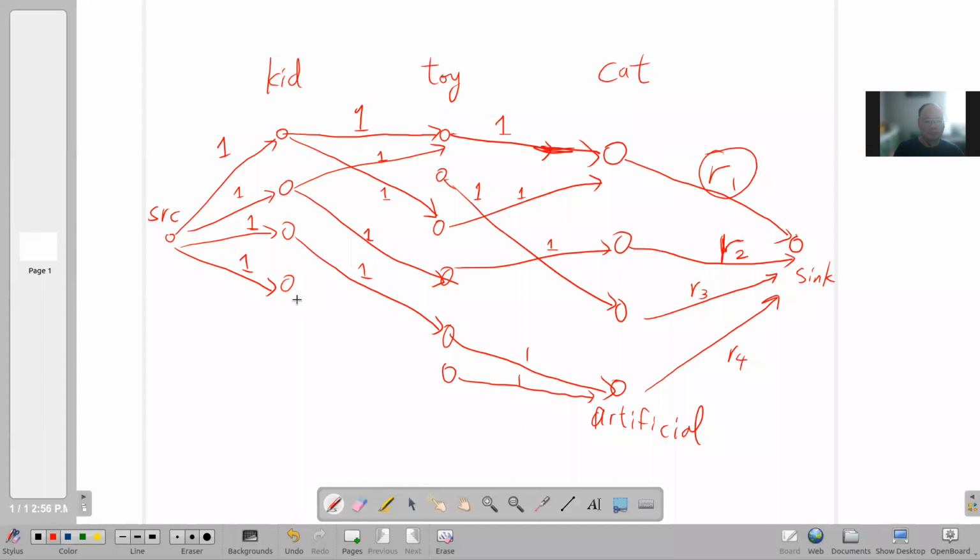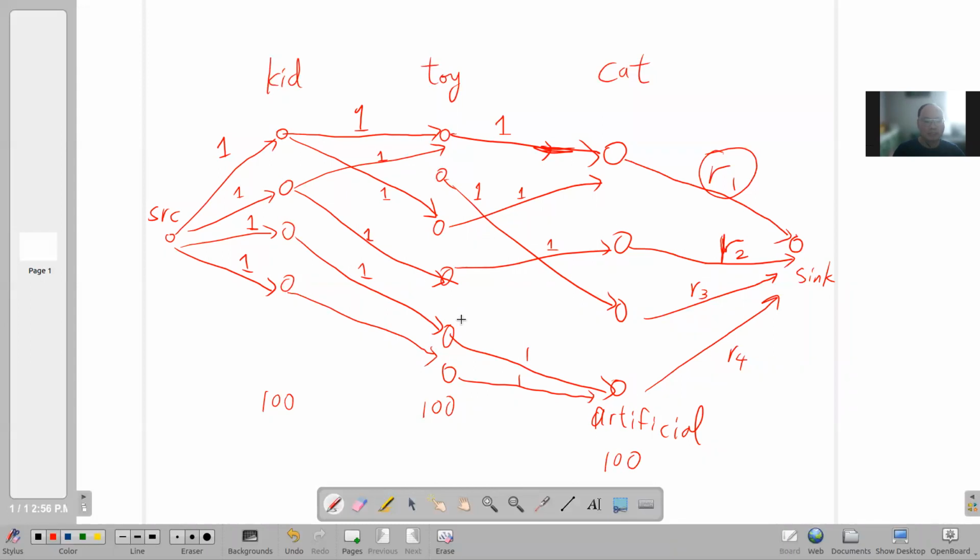And that's it. Once you set up this graph, all you have to do is run maximum flow with your favorite method. Probably if you use the code library network flow number 1, or the one without any numbers, is the right one. There are at most 100 kids, 100 toys, 100 categories. The number of nodes is at most basically 300 plus or minus a few with the source, sink and this artificial category.